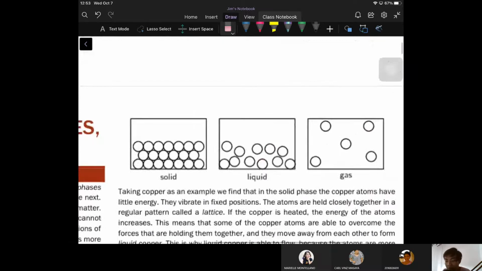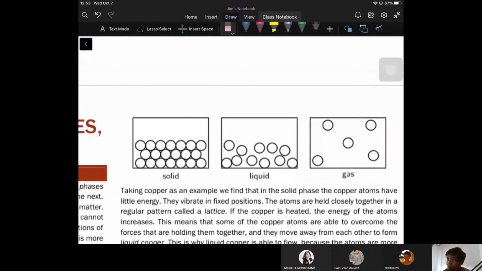So if ang solid, ang energy nila ay mababa, that means the particles are not moving. Fixed yung particles natin. Okay? So itong particle na yan, di yan gumagalaw. So andyan yan, steady yan. However, if it starts moving, pag gumagalaw na yan, ano mangyayari sa particles?